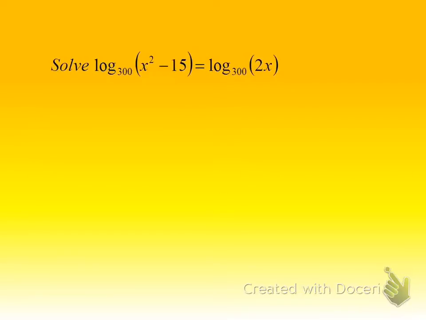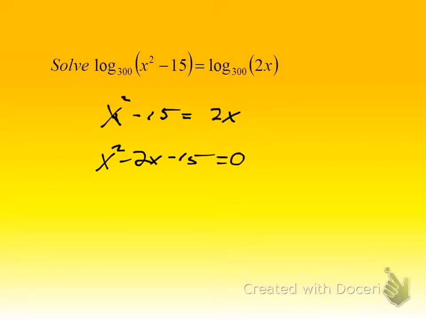So if there's obnoxious bases there, chances are you don't care. You don't care about the base 300. So x squared minus 15 equals 2x. It's a quadratic equation, so make it equal 0. X squared minus 2x minus 15 equals 0.